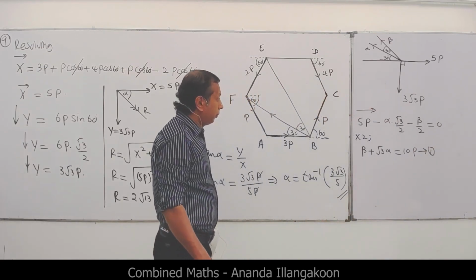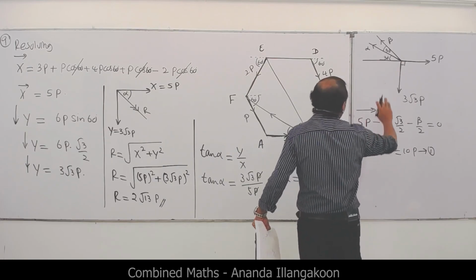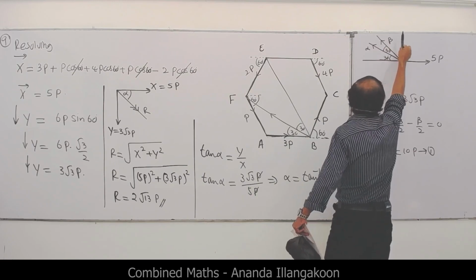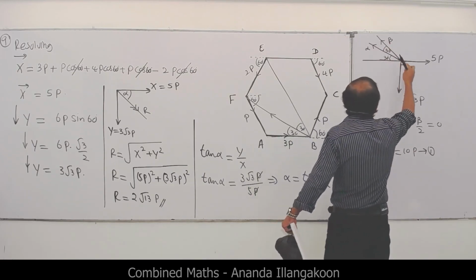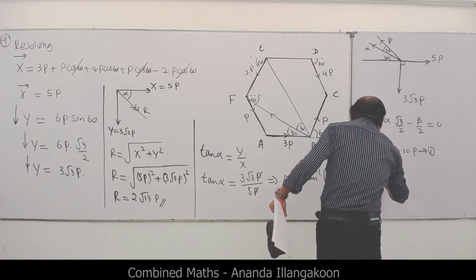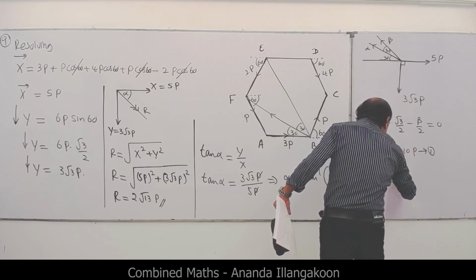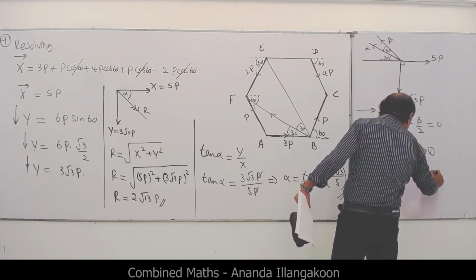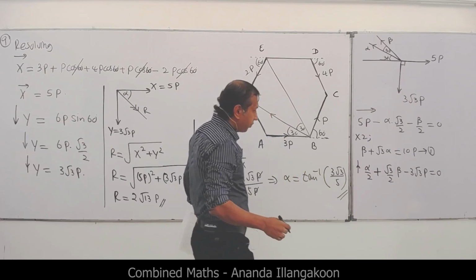Right, resolve vertically. When you resolve vertically, here alpha sin 30. Sin 30 is half, alpha by 2. Beta sin 60; sin 60 is root 3 by 2. Minus 3 root 3p should be equal to 0. Then by this we can take the second equation.